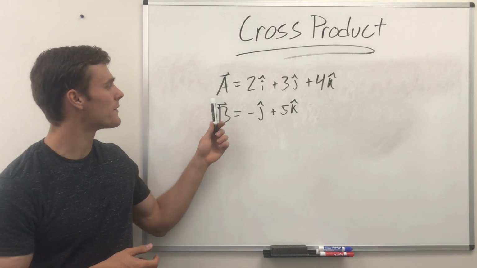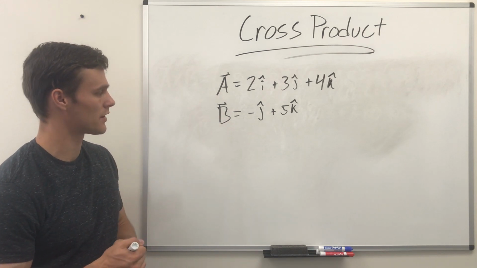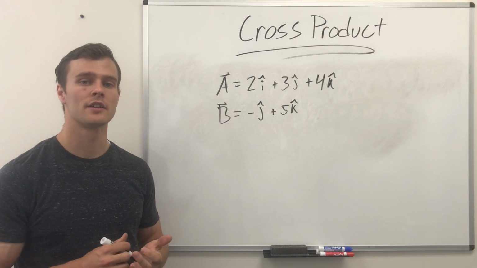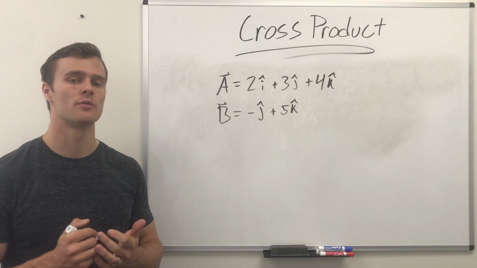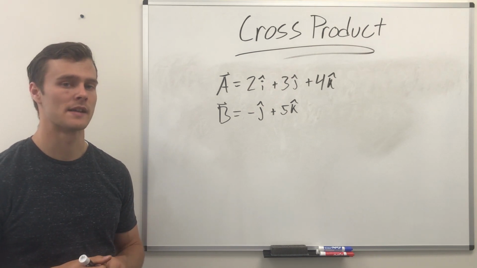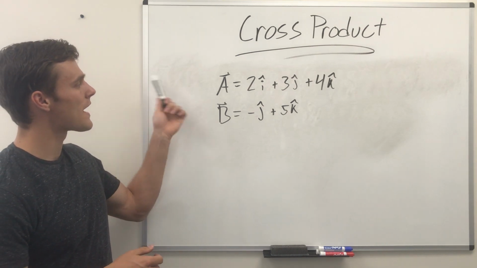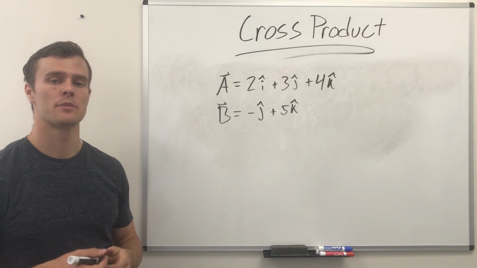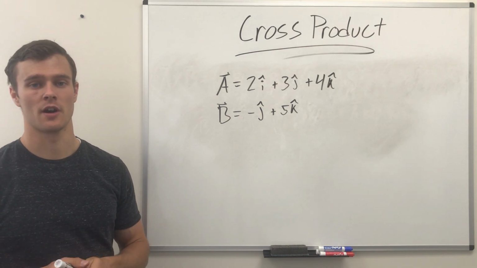And so say we're given the vectors A and B, and we want to find the cross product. What I usually like to do to start off with is to write out the determinant, and that helps me. Instead of using the formula we had written out, I can remember better just how to solve the determinant.